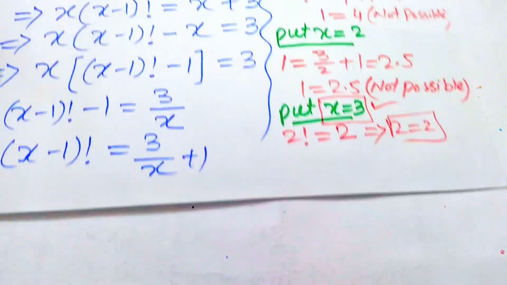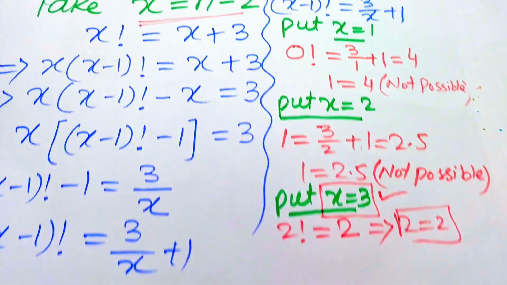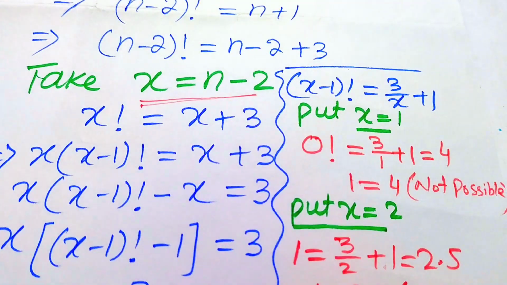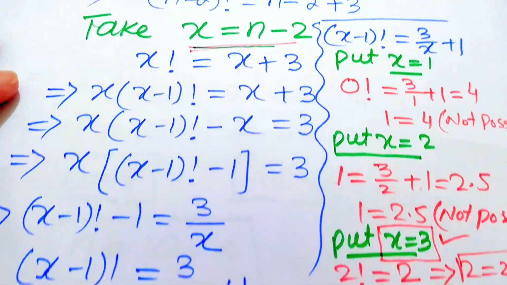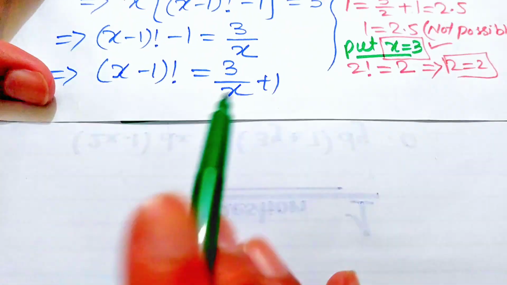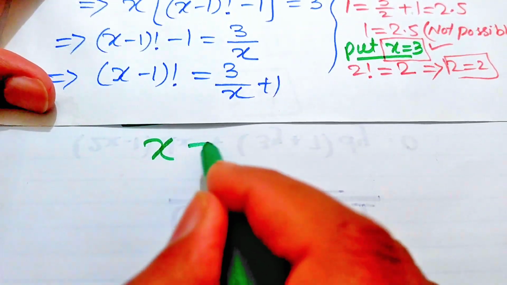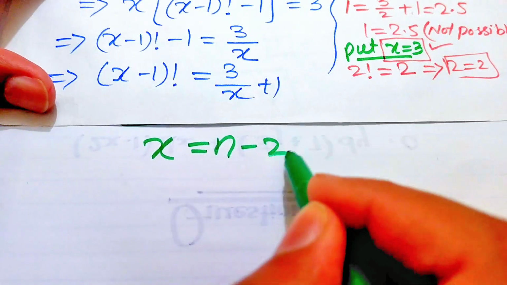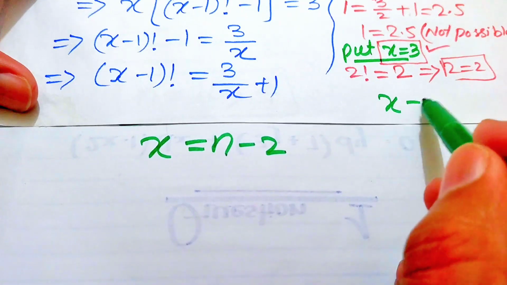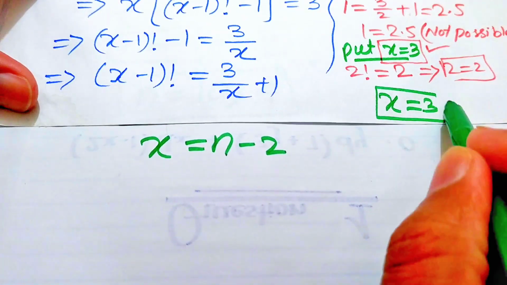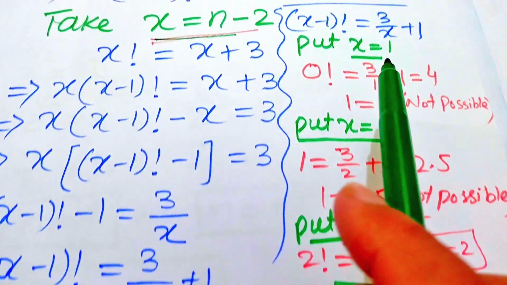So now this equation will be written as, we copy down this equation, and it is written as x minus x equals n minus 2, and here we substitute the value x equals 3 because we found the value of x which satisfies this equation.